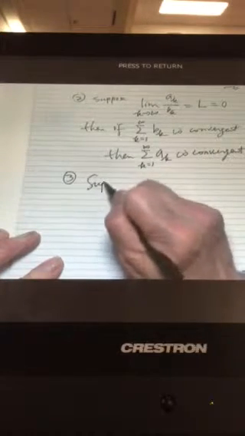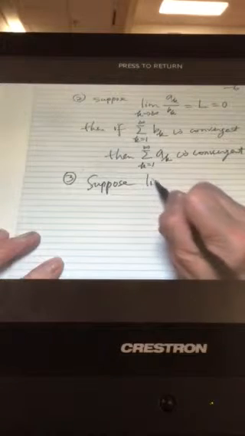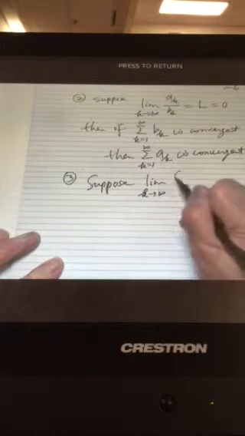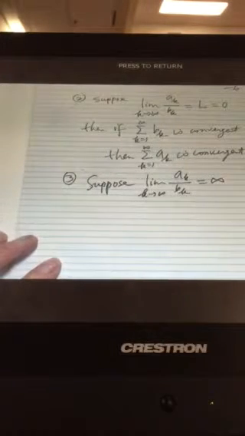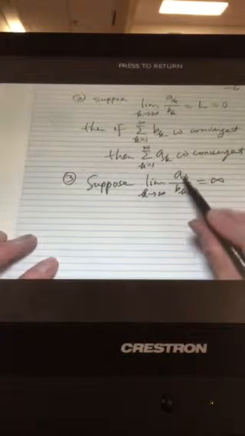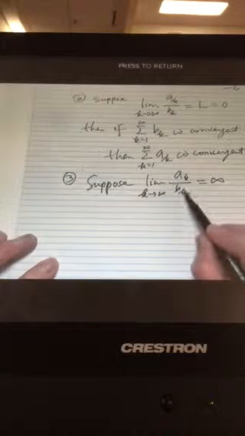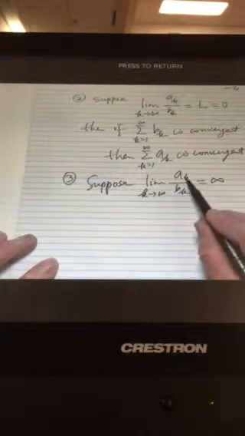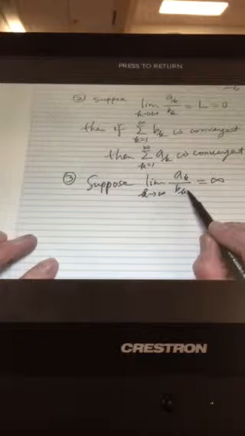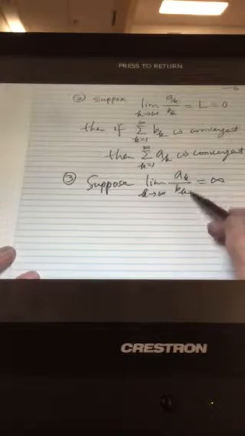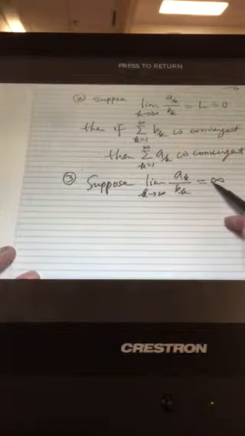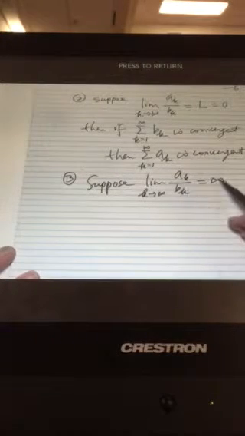Well, what happens if this equals infinity? What if this is infinity? Infinity means a_k is larger than b_k, right? Normally it's much larger than b_k. So if b_k is divergent, because this means a_k is larger than b_k, that's the only possibility that this will go to infinity.